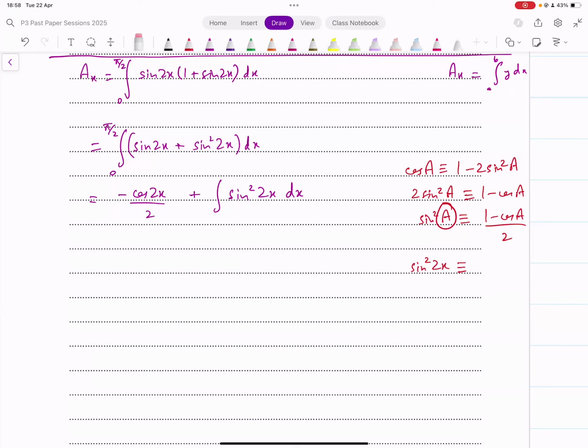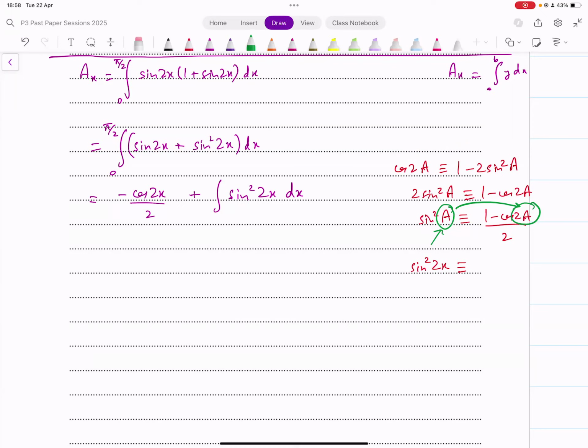Sorry, I missed the 2A there. This is cos of 2A, which is identical to 1 minus 2 sine square A. Whatever is the angle on the left side, on the right side it has to be twice that.